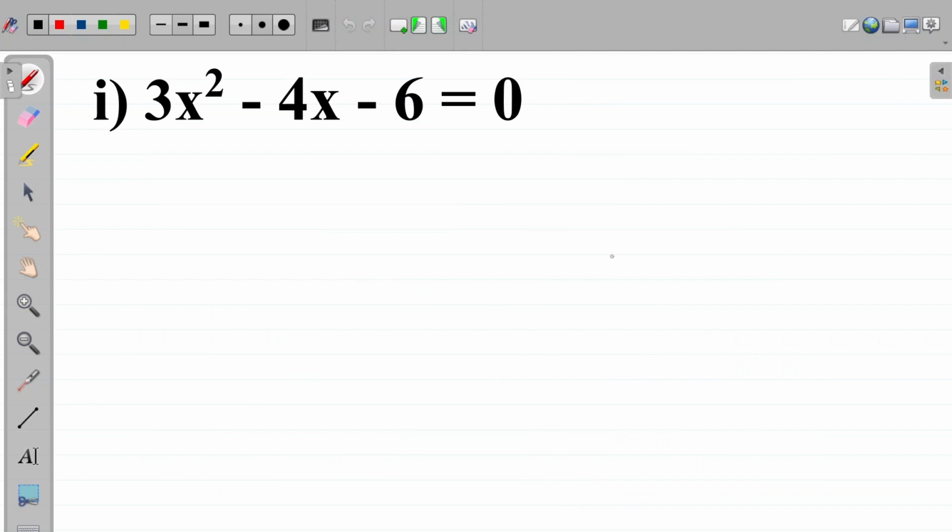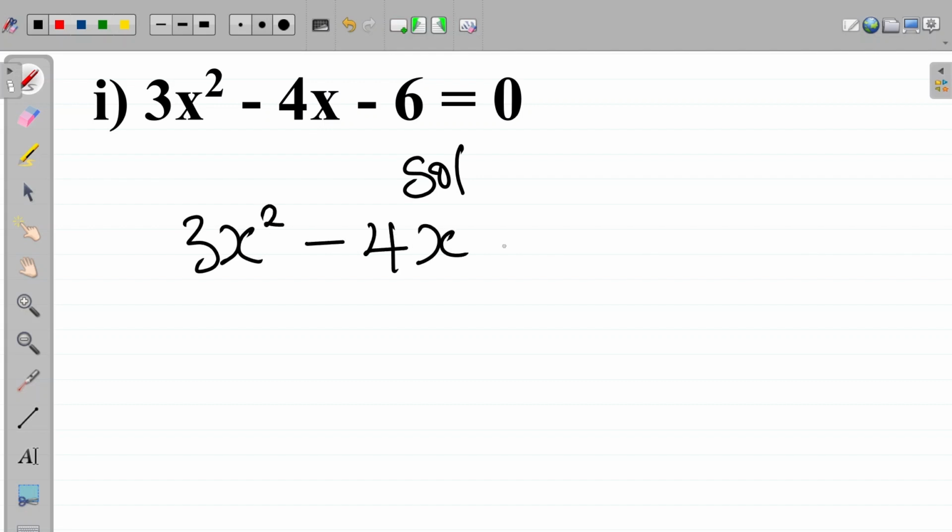So question 1. We have 3x squared minus 4x minus 6 equals 0.